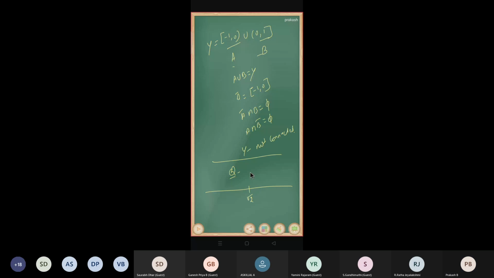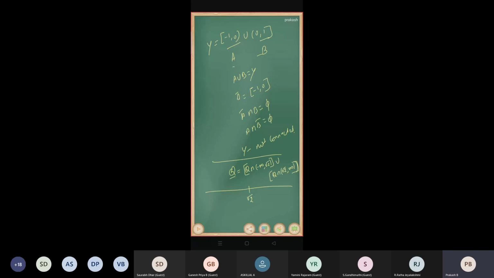Now Q is equal to Q intersection minus infinity comma √2, union Q intersection open interval √2 comma infinity, right?